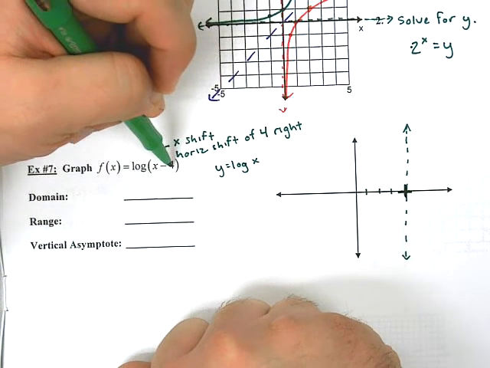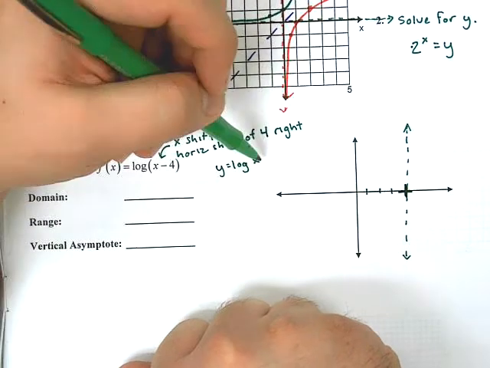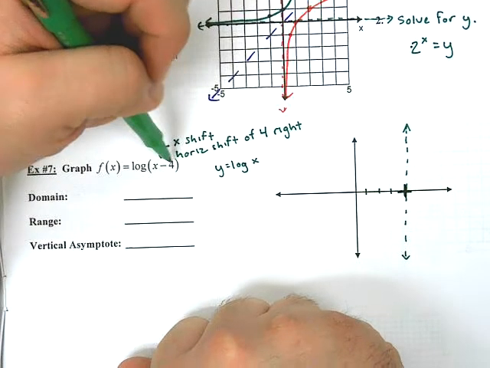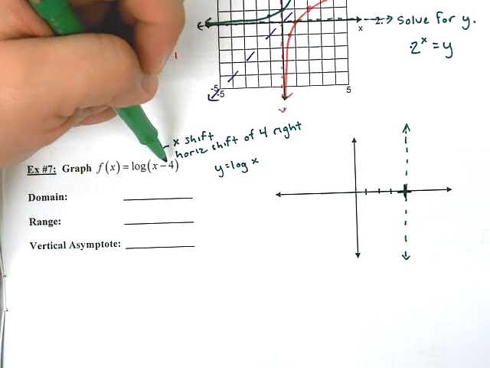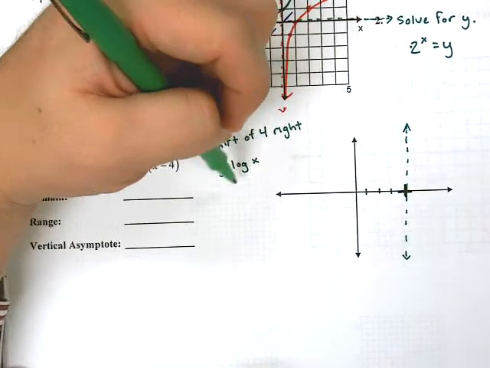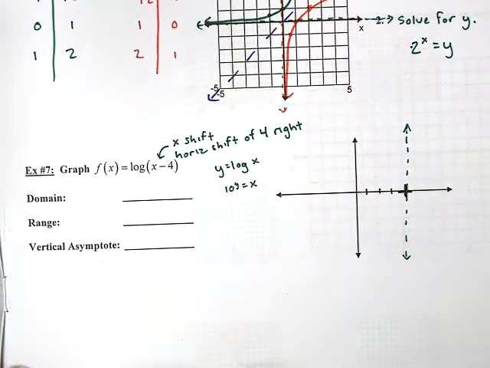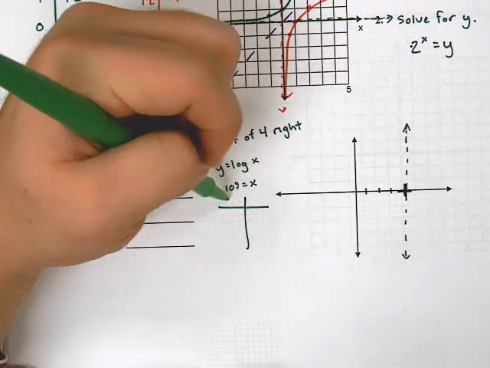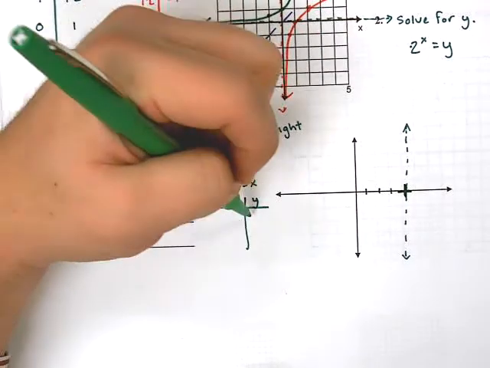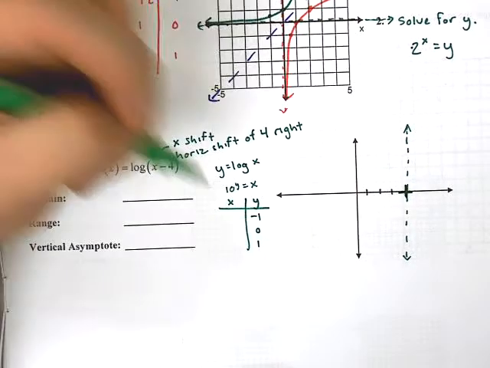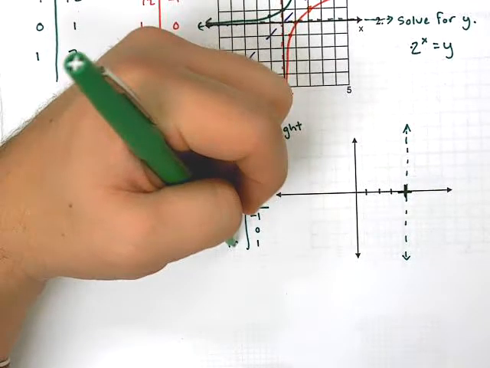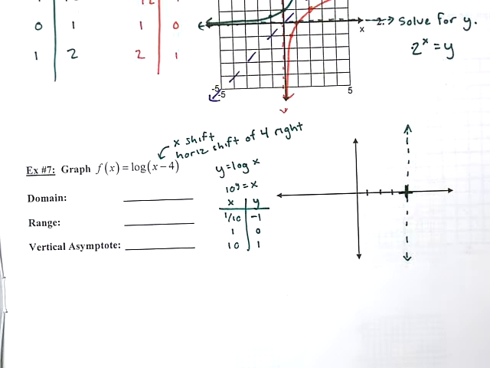So I'm moving it and then getting rid of the minus 4. So this would be 10 to the y is equal to x, x, y, and I would have negative 1, 0, 1 for my y's, so I have 1/10, 1, and 10.